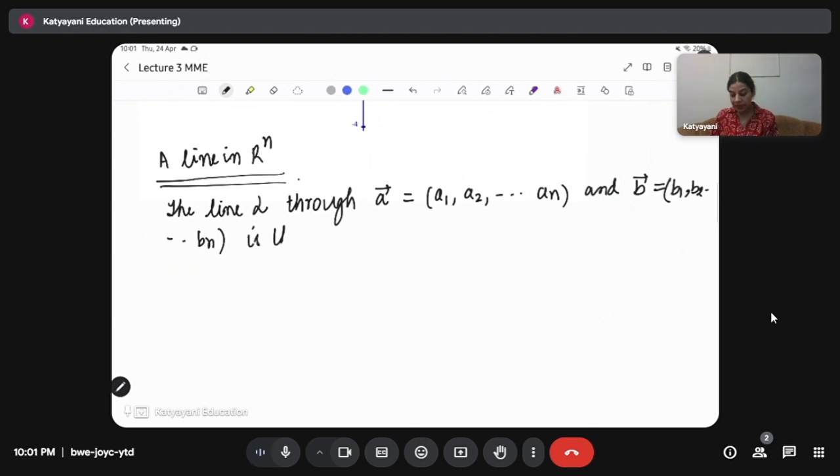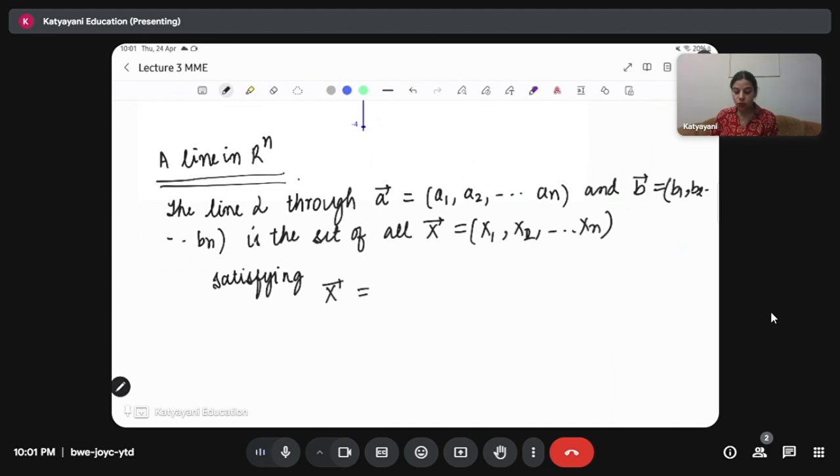The line is the set of all x vectors x1, x2 till xn, satisfying the equation that x has to be a linear combination of a and b. That is, x has to be 1 minus t times a plus t times vector b.